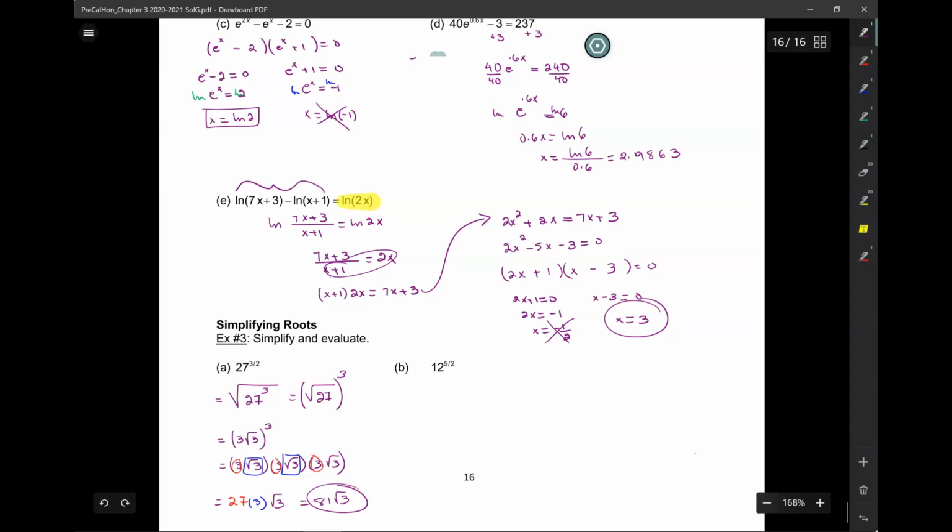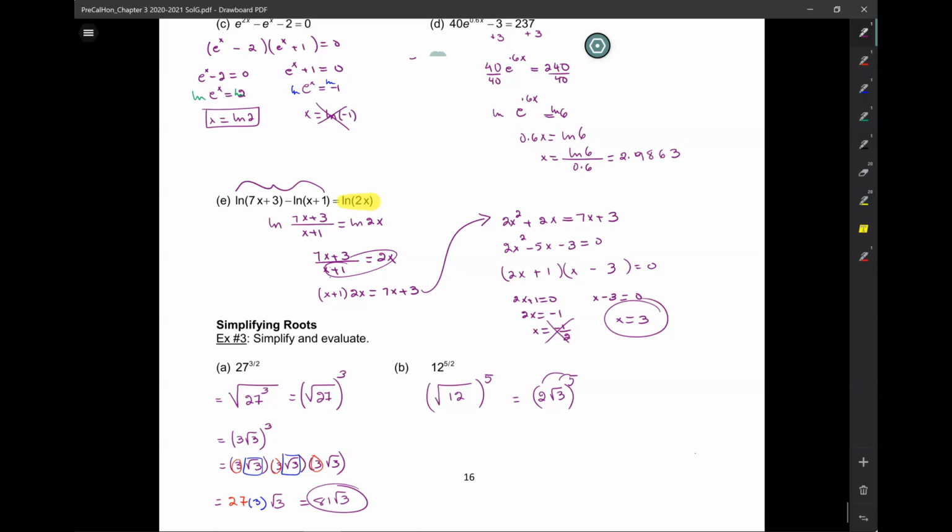For this next one, I have a square root of 12 to the power of 5. And root 12 is actually 2 root 3, to the power of 5. So again, right, the exponent of 5 belongs to the 2 and the 3.